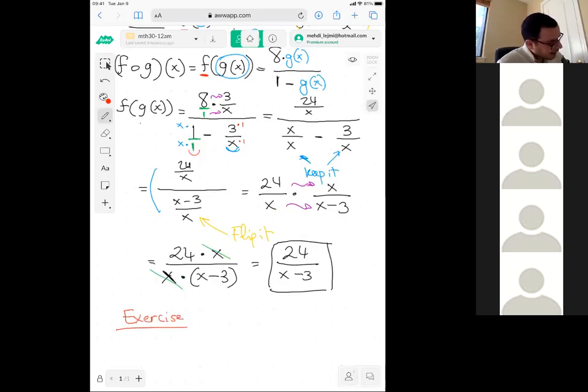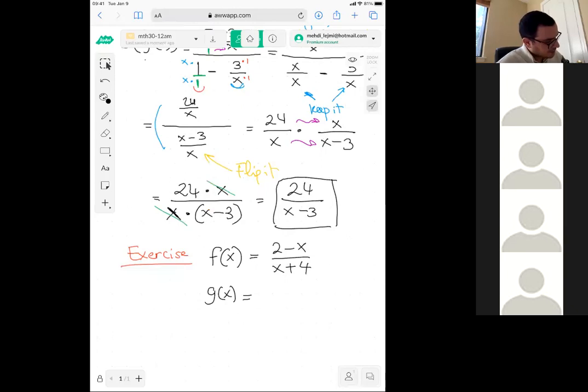So let's say my f of x is 2 minus x over x plus 4, right? And let's say g of x is 1 over x minus 1.